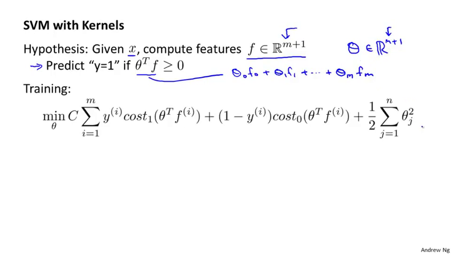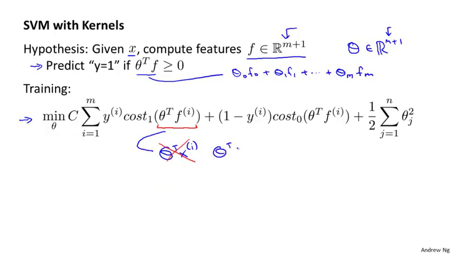How do you get the parameters theta? Well, you do that using the SVM learning algorithm. And specifically, what you do is you solve this minimization problem. You minimize over the parameters theta C times this cost function, which we had before. Only now, instead of making predictions using theta transpose xi, using our original features xi, we've taken the features xi and replaced them with the new features.